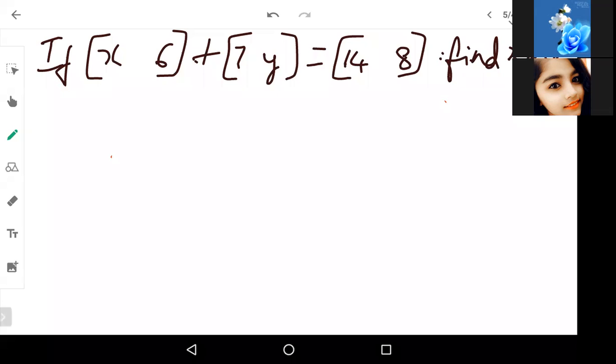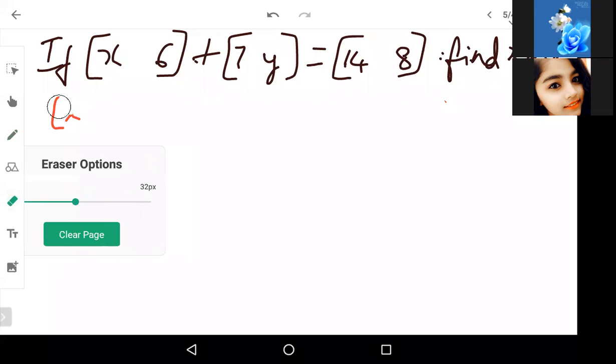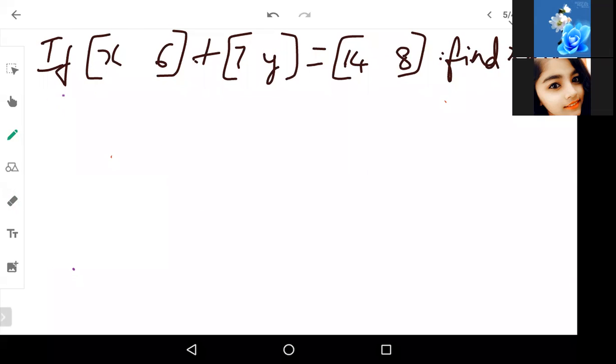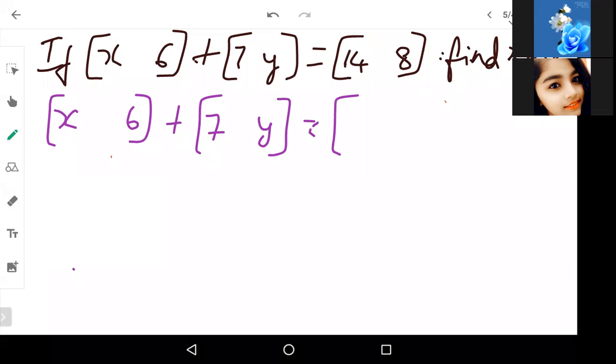So first you have x and 6 plus 7 and y is equal to 14 and 8. Yeah, correct. X is equal to 7, y is equal to 2.